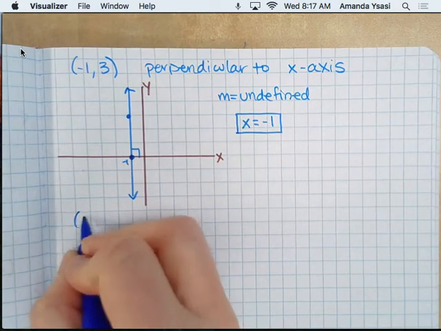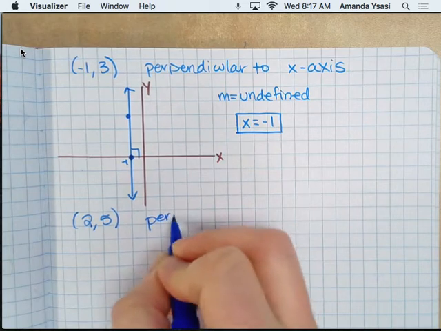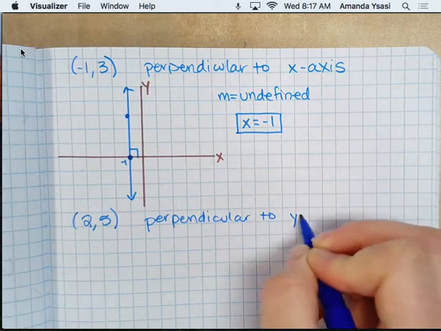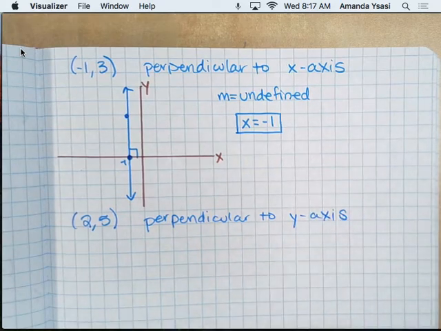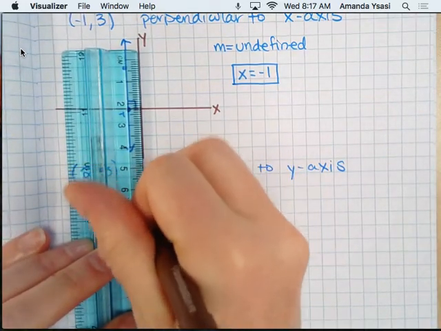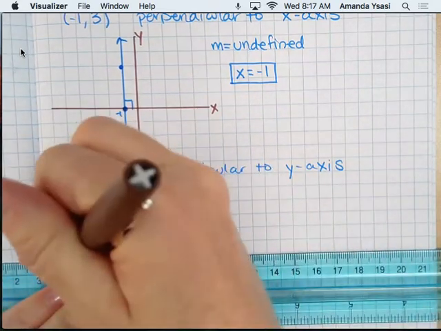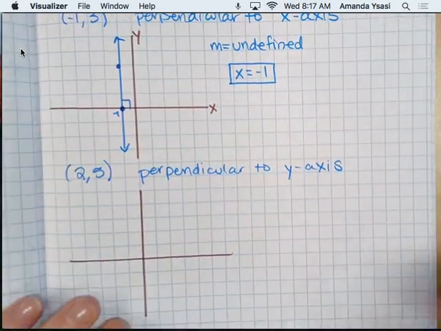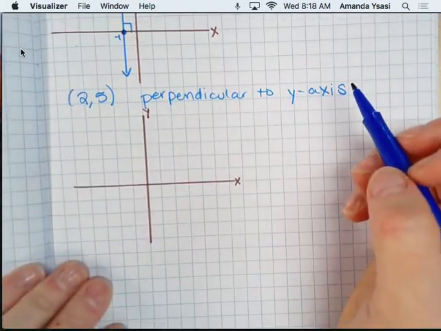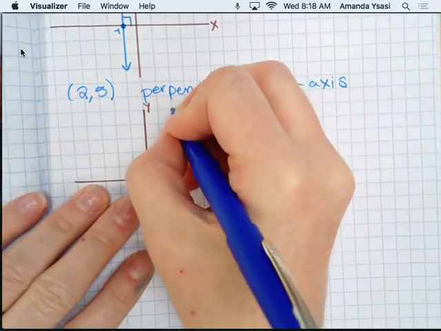Okay, the next one goes through point 2, 5 and is perpendicular to the y-axis. So plot the point 2, 5.